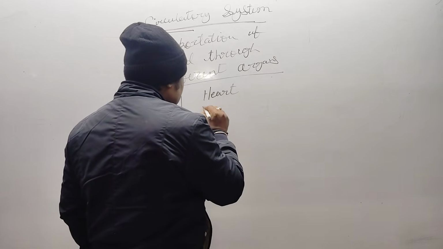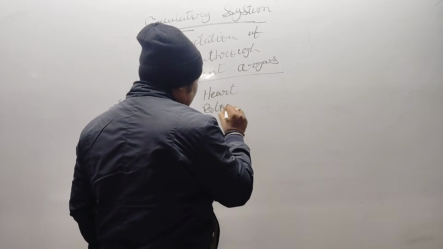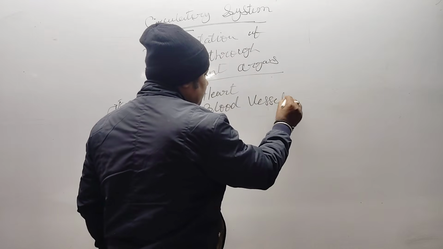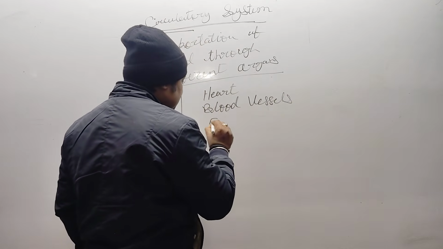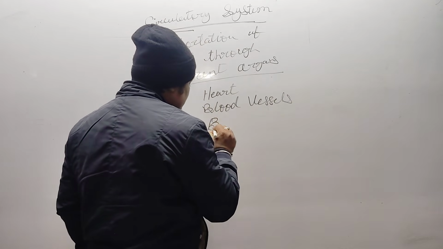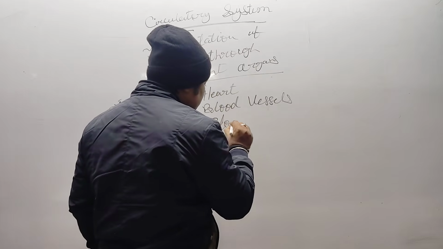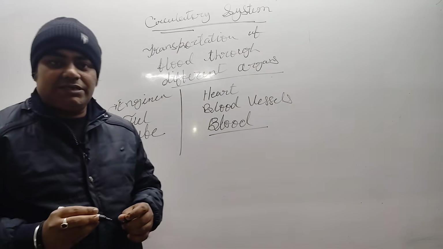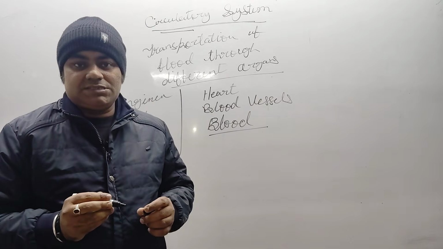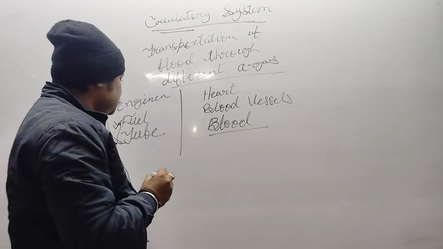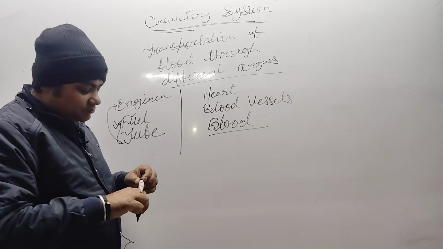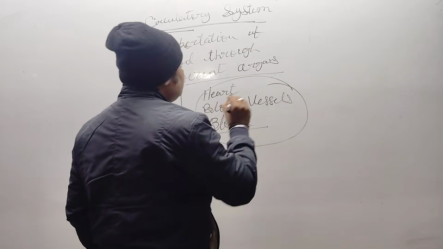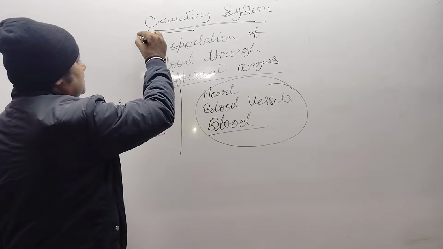The second thing is the blood vessels, and the third thing is the blood, which acts as a fuel that carries nutrients, waste products, gases and other things. So all these things together form the circulatory system.